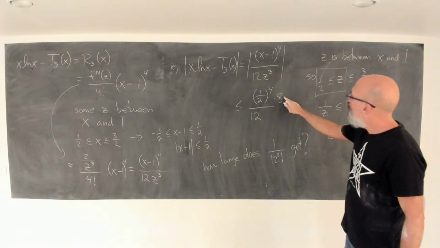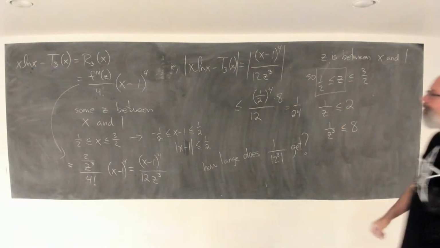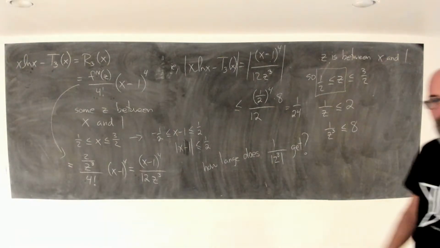And what do we get? 1 over 24? 1 over 24.